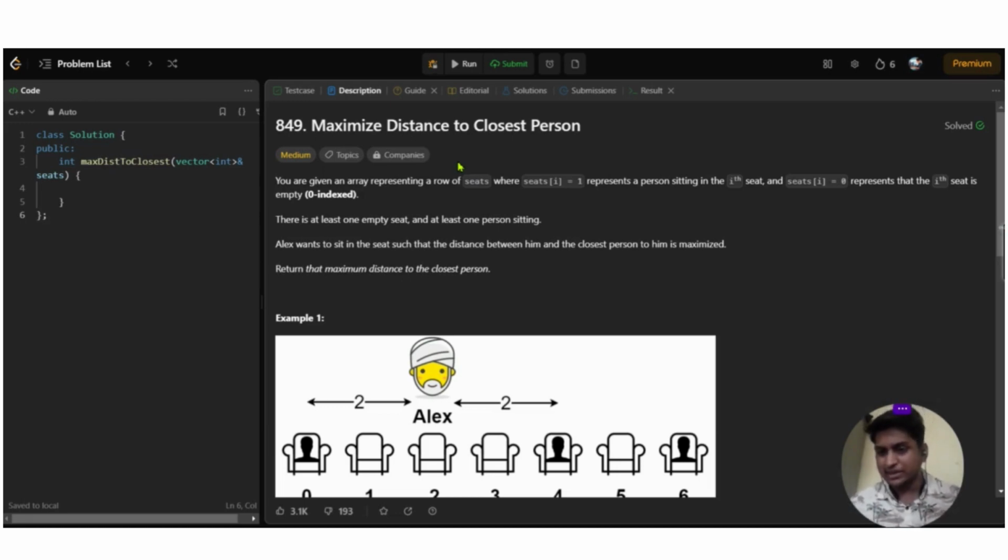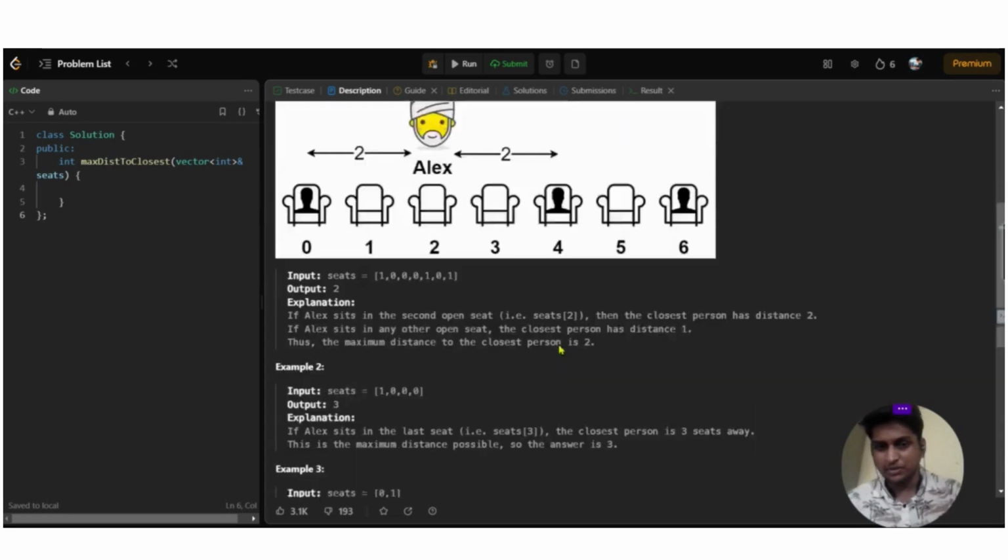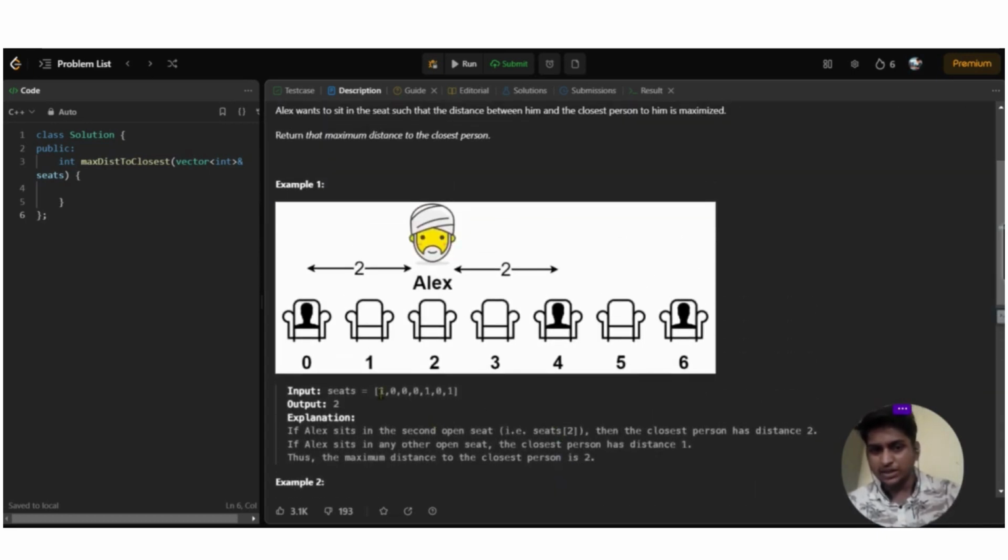So let's understand clearly what I mean by this example. We are given an array called seats, and the values are 1, 0, 0, 0, 1, 0, 1. At the 0th index, you can see it is 1, and if it is 1, someone is sitting at the 0th index. At the first index, the value is 0, so it is empty.